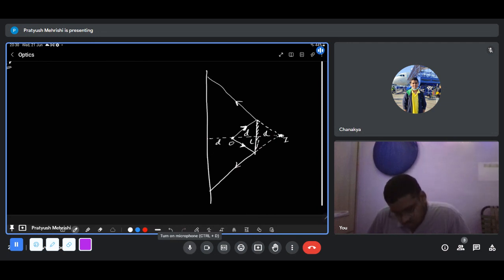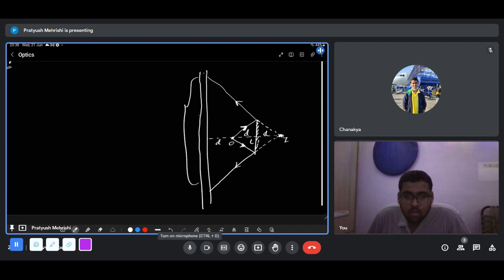Then we need to find the length of this road for which the image will be visible to the man. This whole region is the field of view of the mirror. If the man is inside this region, he will be able to see the image.